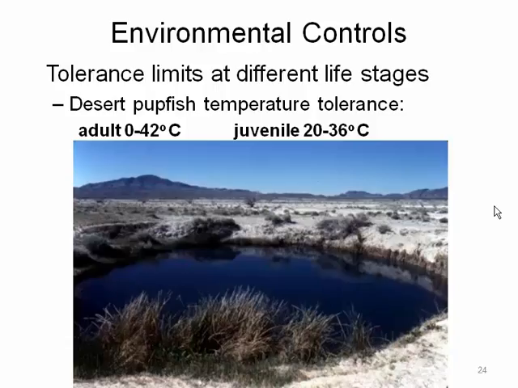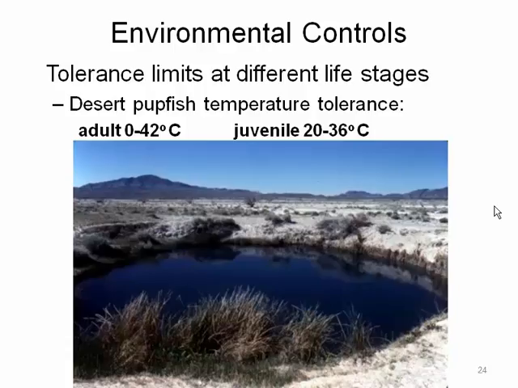As you might expect, the juveniles, the youngest fish, have a much more limited range of temperatures that they can tolerate, largely in the intermediate ranges between 20 and 36 degrees C. And so their birth and early development has to occur in those intervening seasons where the temperatures are moderated to some degree. And you can picture this probably with human babies who can't thermoregulate, say, in their first 6 months and have to be especially cared for.